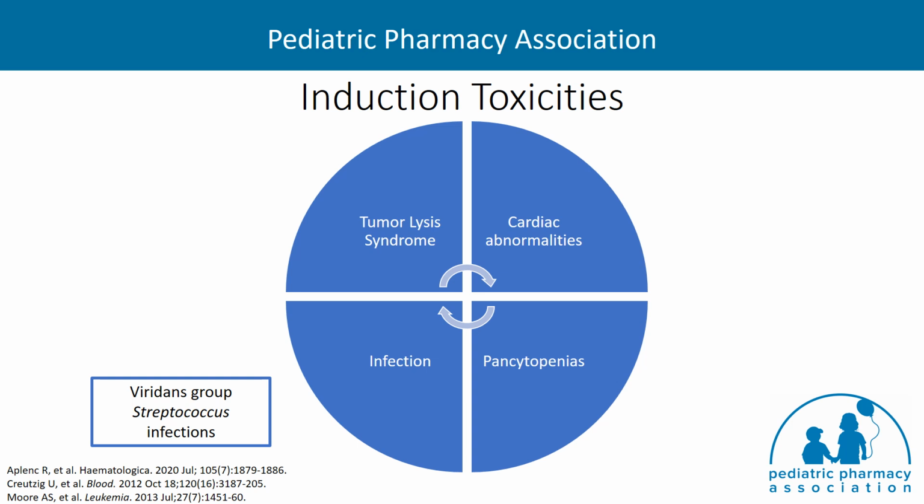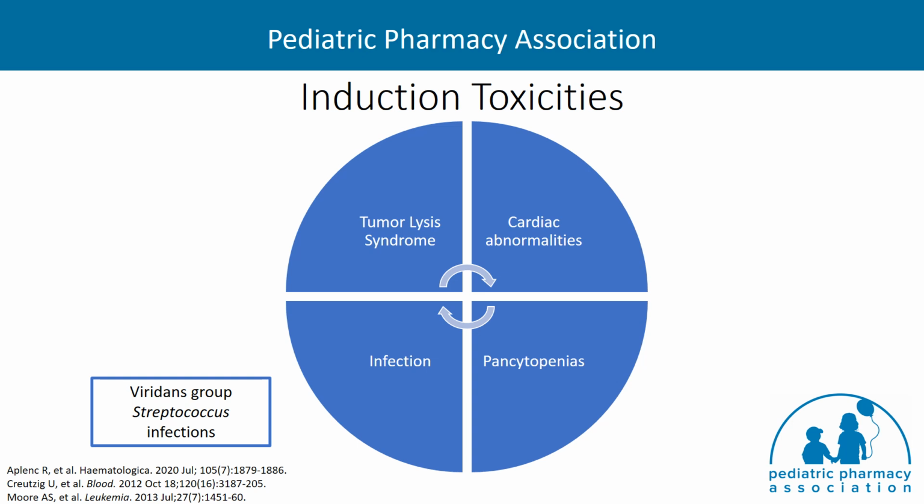Interestingly enough, within our AML patients receiving cytarabine, there have been reports of increased viridans group streptococcus infections. There have been reports of an incidence rate of 3.7% during induction 1, up to an incidence rate of 10.6% during induction 2, of specifically viridans group strep infections.